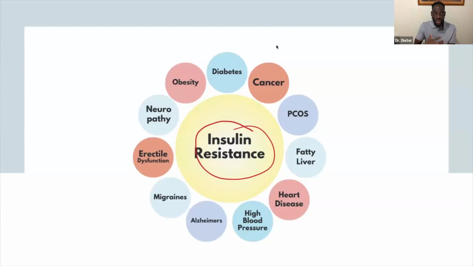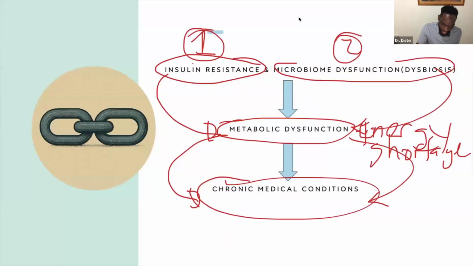Unfortunately, this slide is not large enough to enumerate all the diseases we face in modern day society that are related to insulin resistance. This is just a depiction that when insulin resistance sets in, you have a shortage of energy, which now results in dysfunction of the cells. Now, we've spoken about that. So that's number one, insulin resistance.